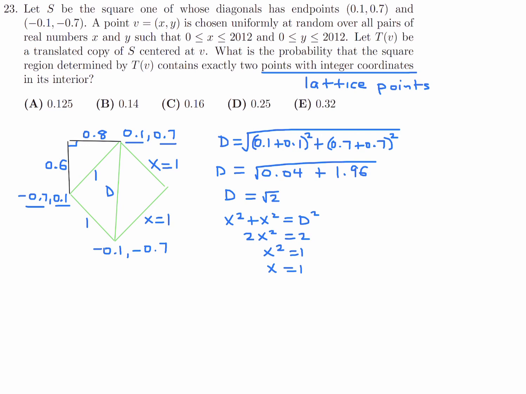Somewhere in the first quadrant, they choose some point V, and then put this square on top of that V so that V is the center. They're then asking how many lattice points are inside that square. That is the essential explanation of the question. We definitely need a diagram for that, so here we go.